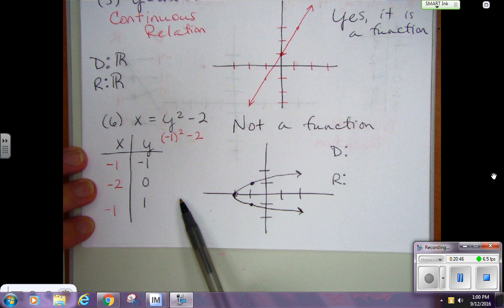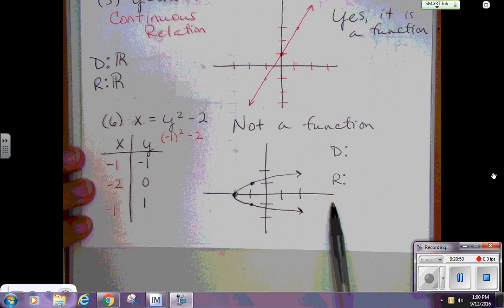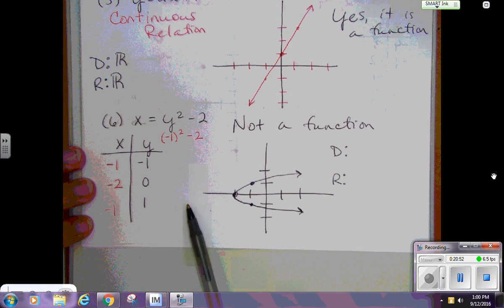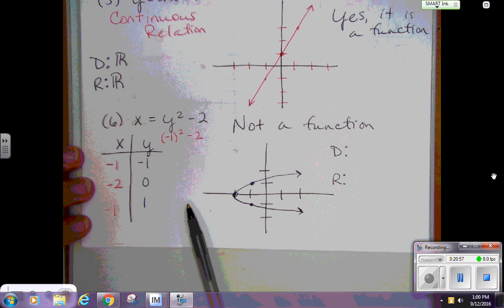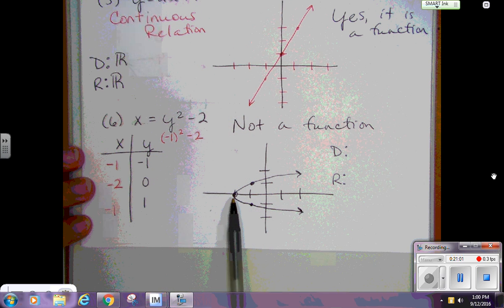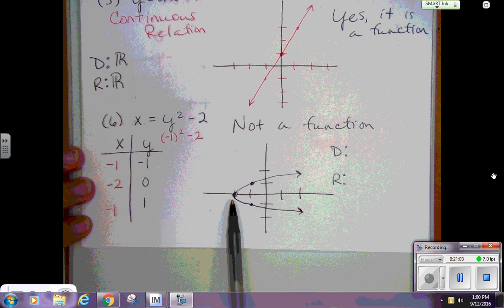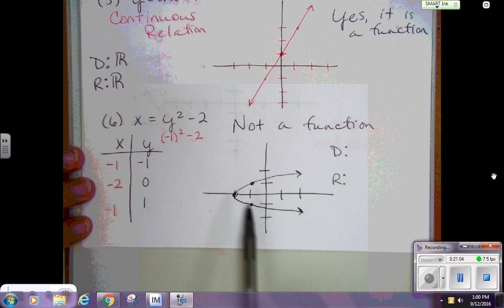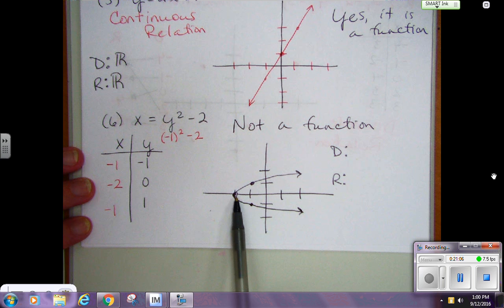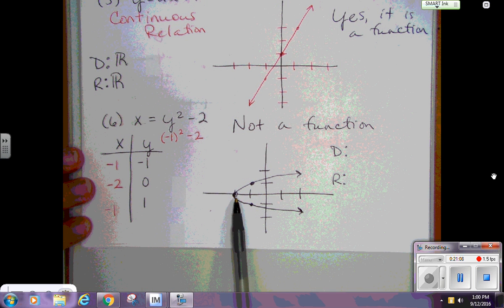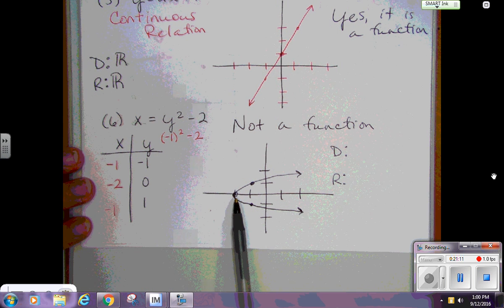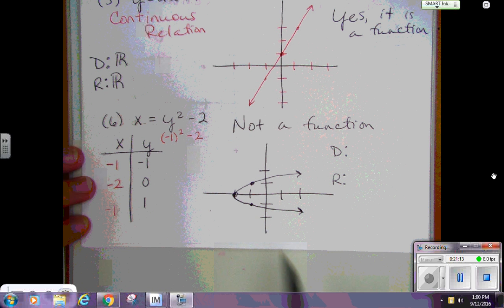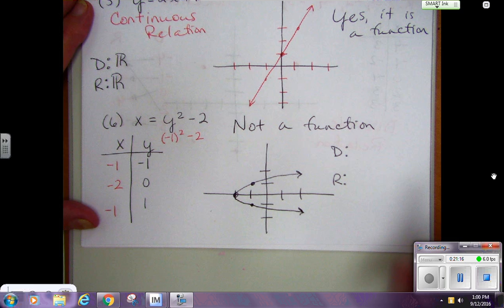It's not going to go past this point, -2. So your x values have to be greater than or equal to negative 2.